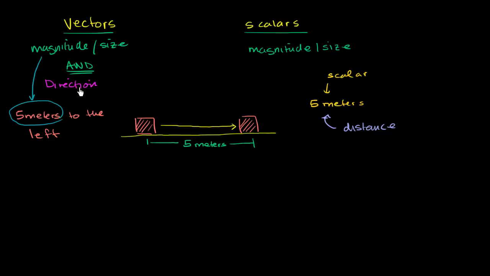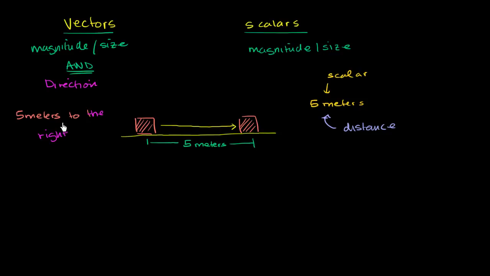And we have specified a direction to the left. So you now explicitly know that they went 5 meters to the, oh, sorry, it should be 5 meters to the right. Let me change that. So the direction, to the right, is what it got moved. It started here. It went 5 meters to the right.